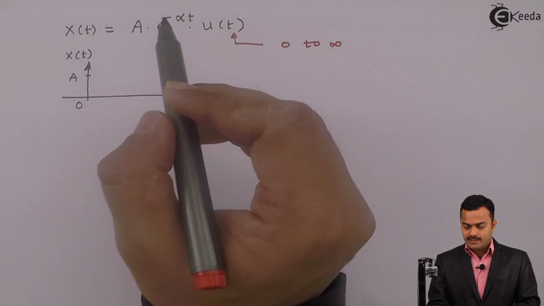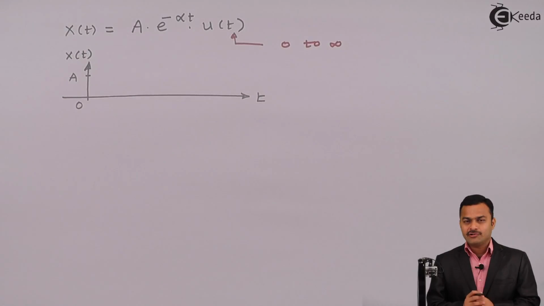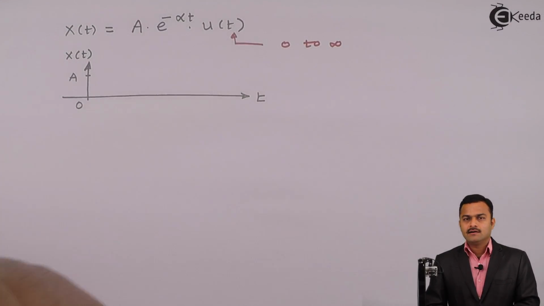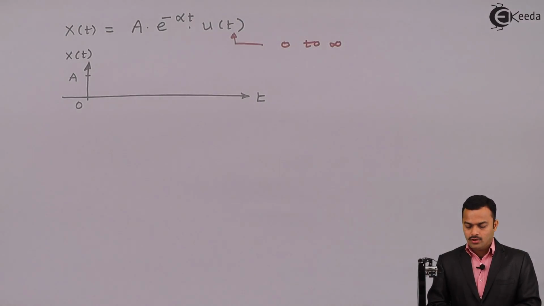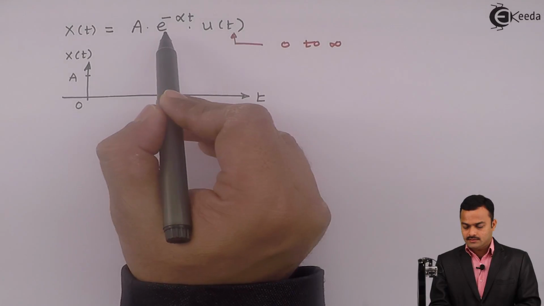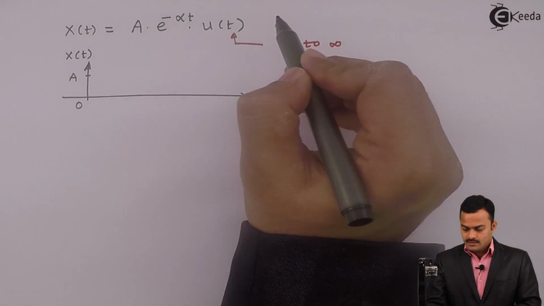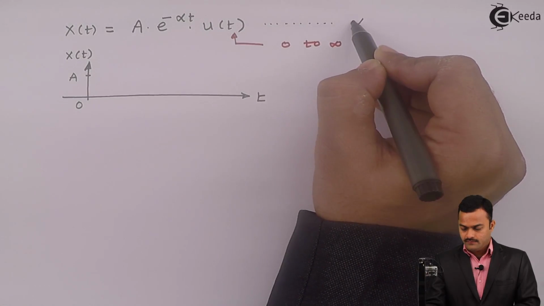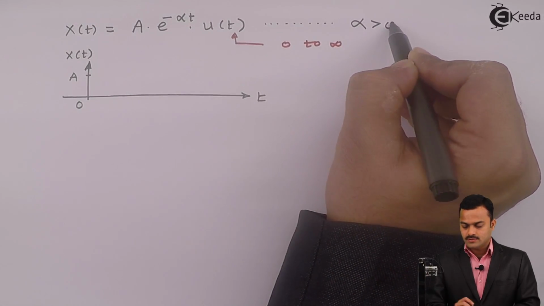But if I take alpha as a positive number, because of this minus, it is a decaying signal. So for this signal, along with this value, the condition is also important. Over here alpha is greater than 0.